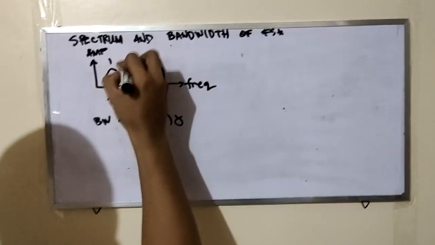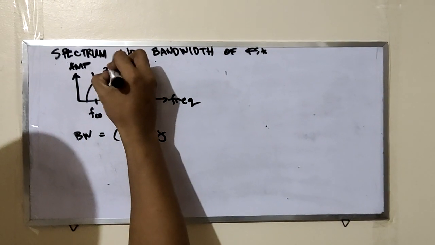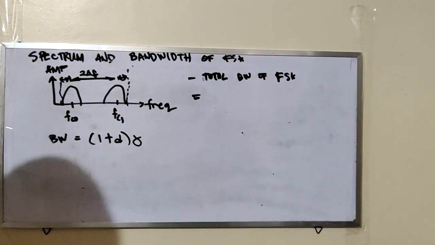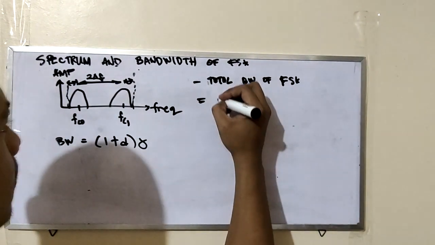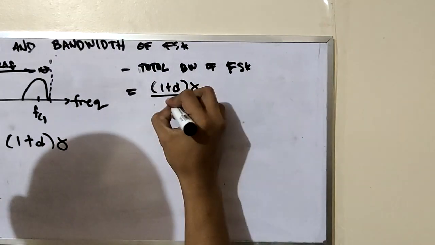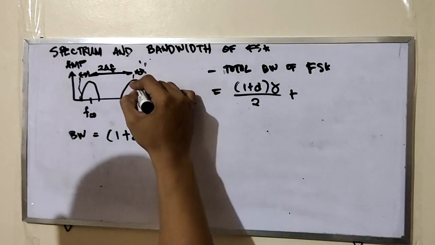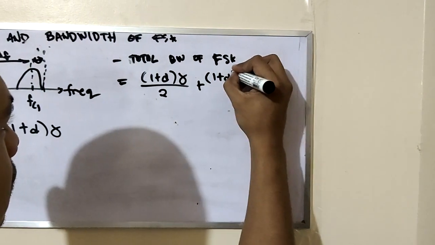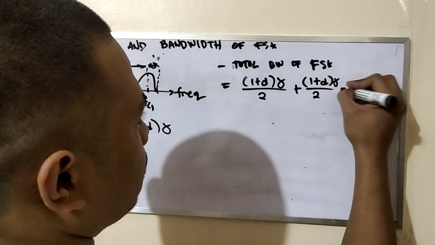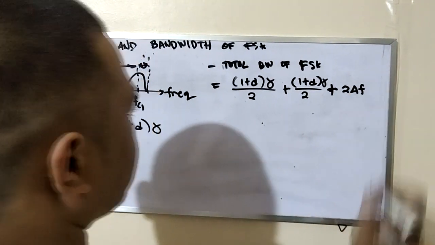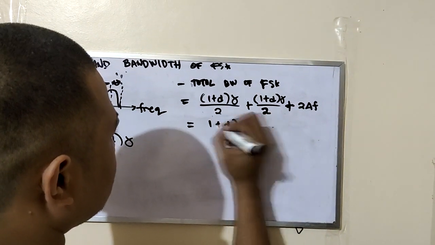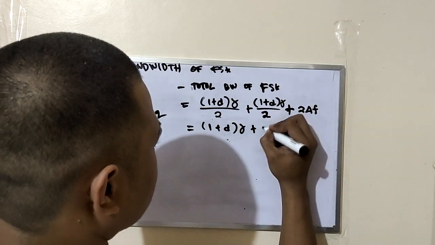Yung gap dito ng dalawa na to is equals to 2 delta F. So the total bandwidth of FSK is half of this bandwidth, (1 plus D) baud rate R over 2, plus another half of this bandwidth, (1 plus D) baud rate R over 2, plus the 2 delta F. Pag pinag-add natin to, magiging (1 plus D) baud rate R plus 2 delta F.